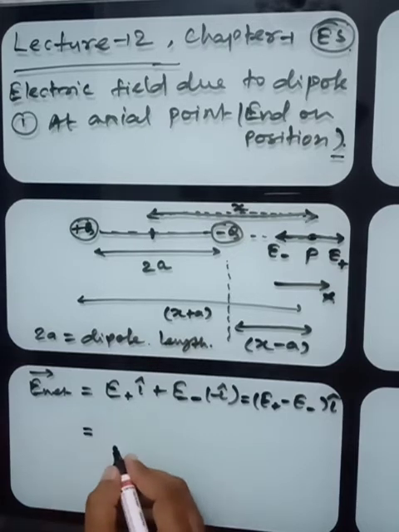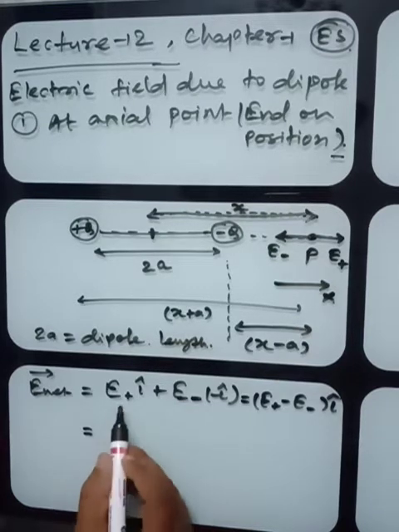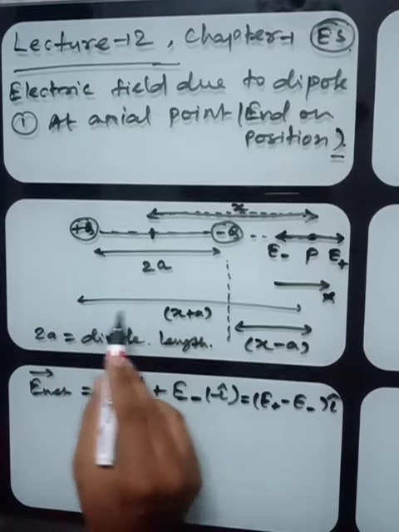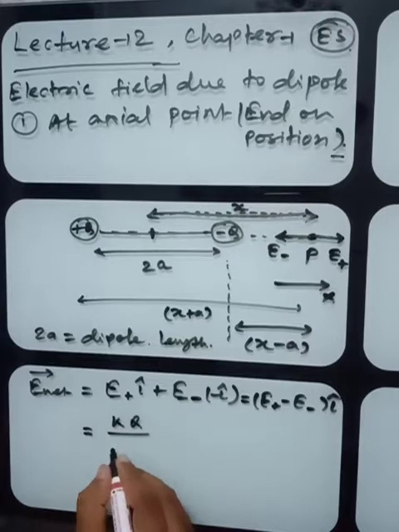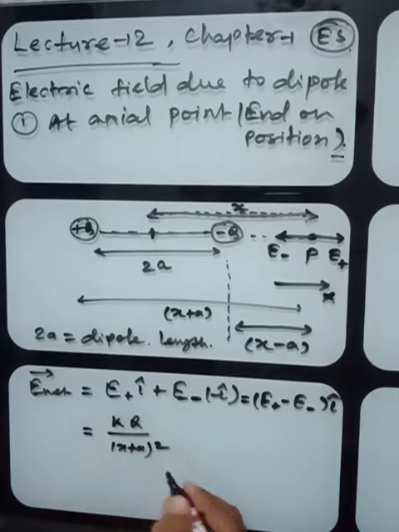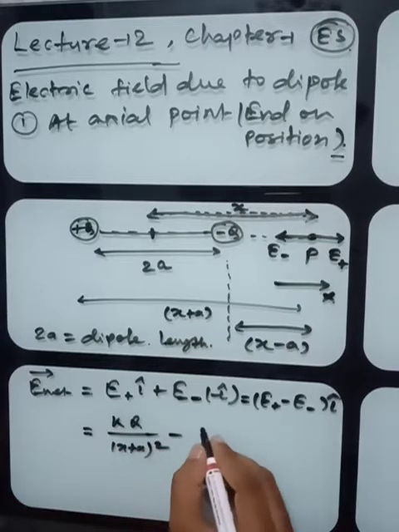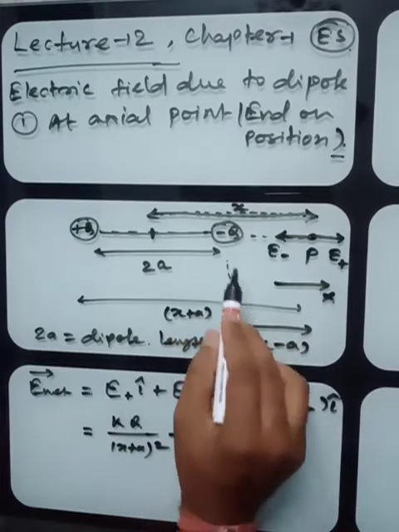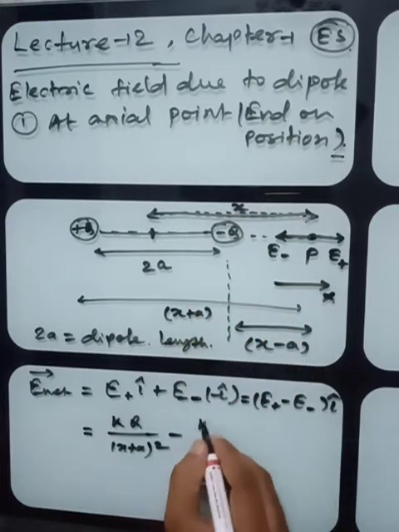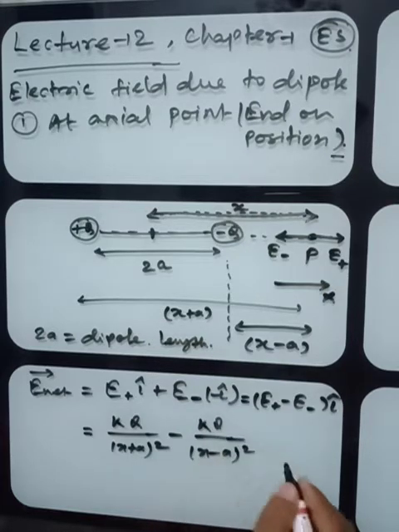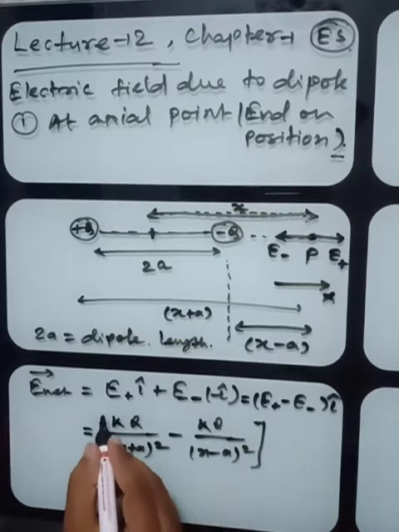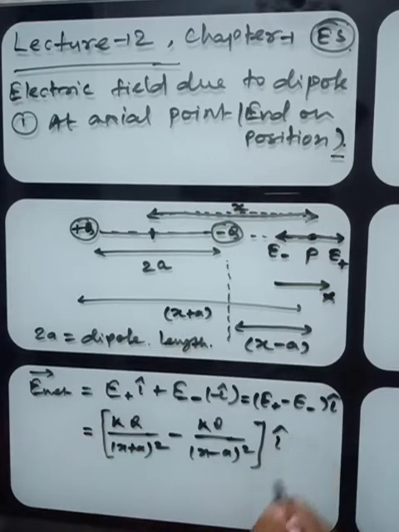Now, for E plus, the formula of electric field we know is kq by r square, that is, the square of the separation. The positive charge is separated by x plus a, so kq over x plus a whole square, minus, for the negative charge, kq by the distance x minus a, so kq by x minus a whole square, times i cap.